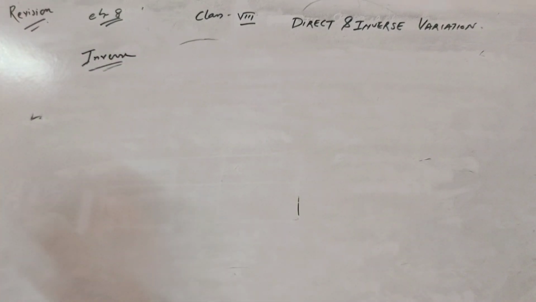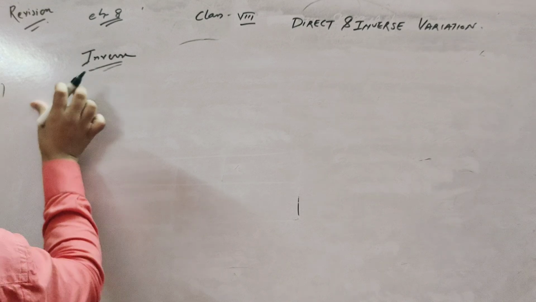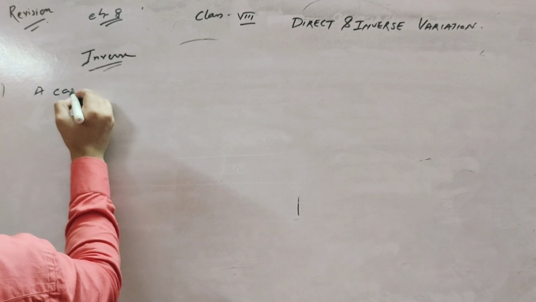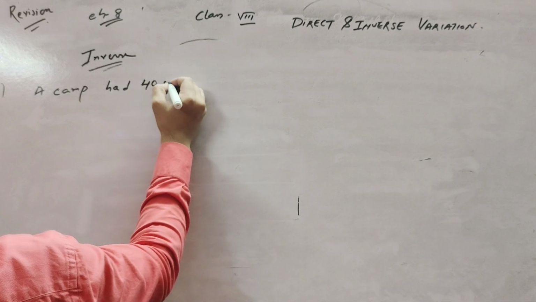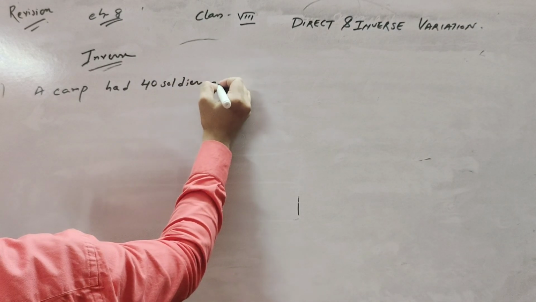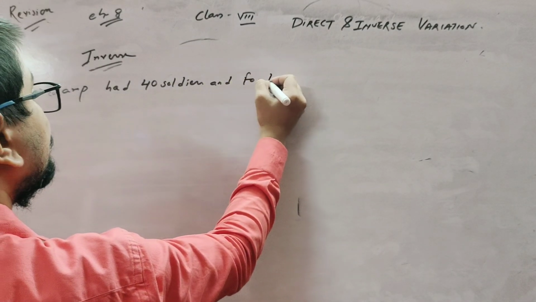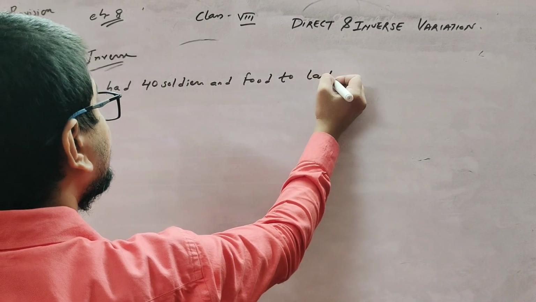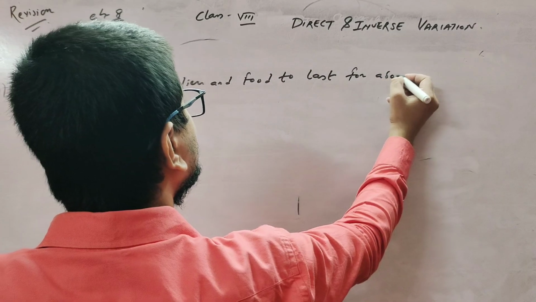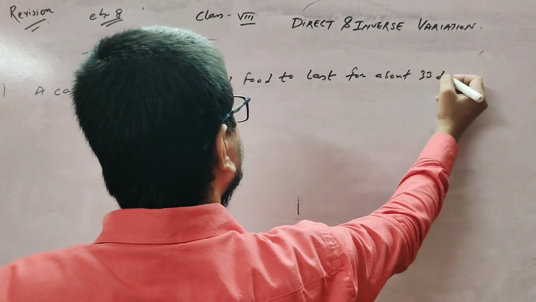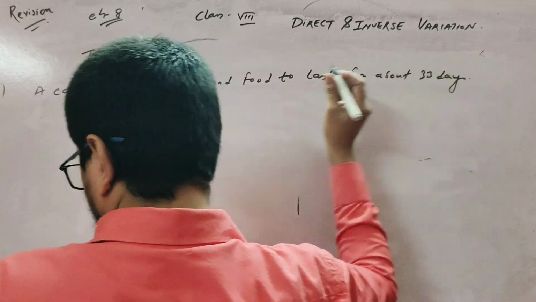Okay, again, next question. A camp had 40 soldiers and food to last for about 33 days.